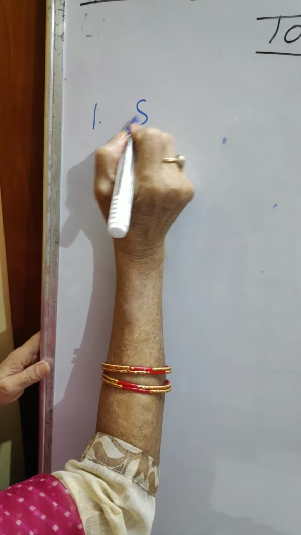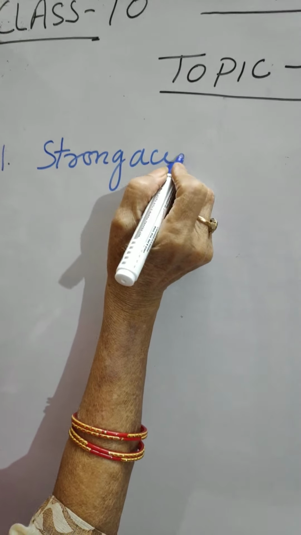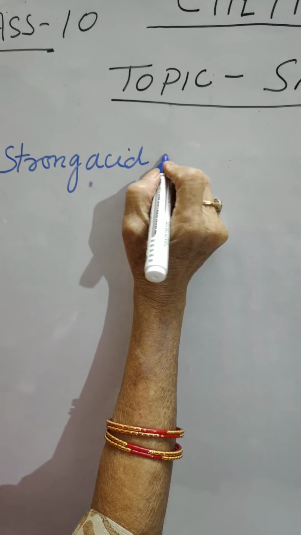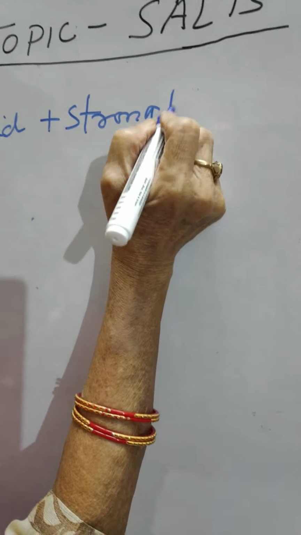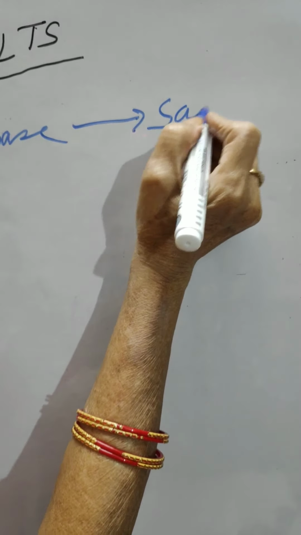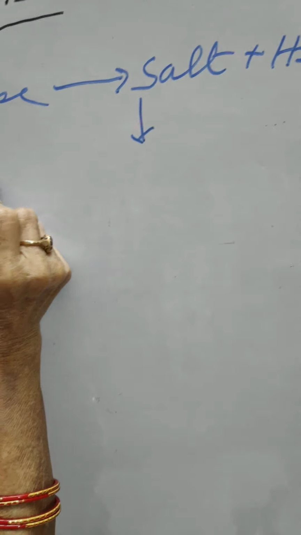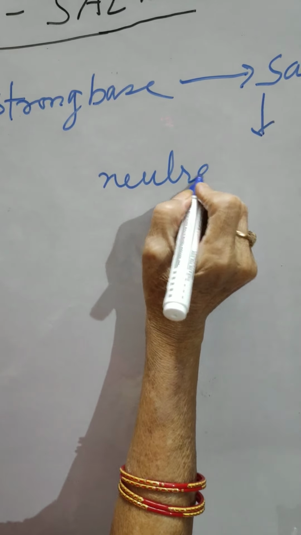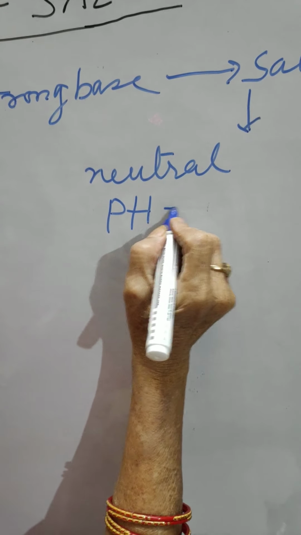Now remember the first point. When a strong acid reacts with a strong base, they form salt plus water, and this salt is neutral and the pH value is 7.